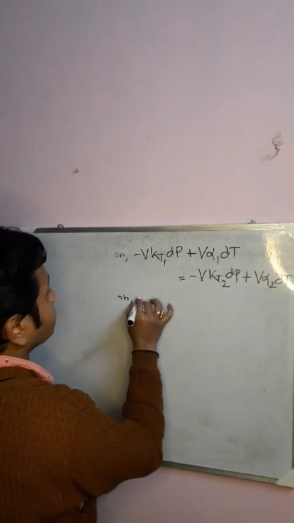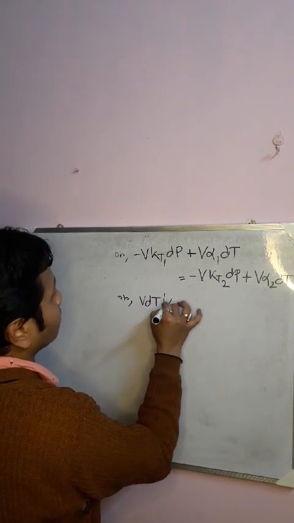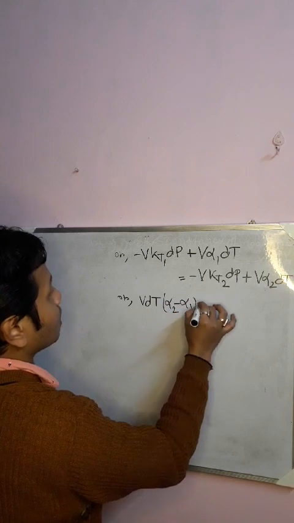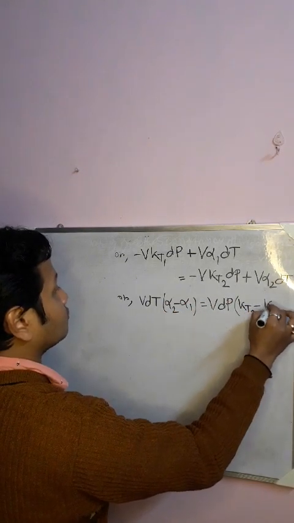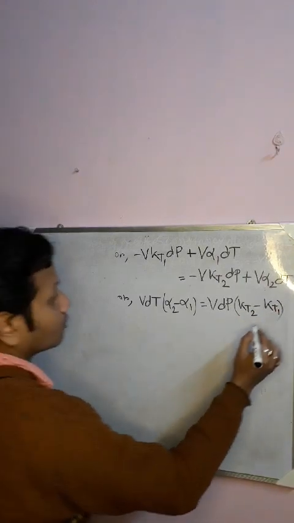So what would be the result if you take V dT common? Then it would be alpha 2 minus alpha 1, and if you take V dP common, that is Kt2 minus Kt1.